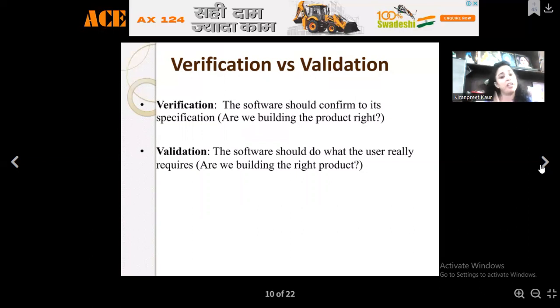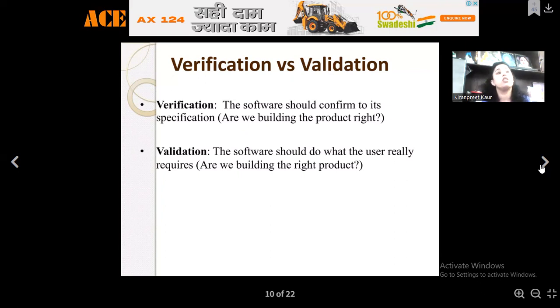That means verification will be done when the testing process is going on, right? Now, it actually tells whether we are building the product right. Whatever product we are making, are we building the right product? That process is known as verification.